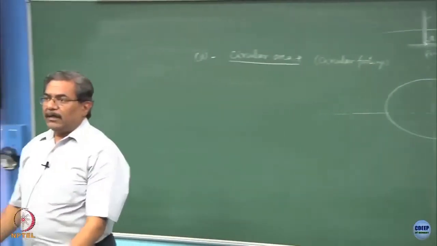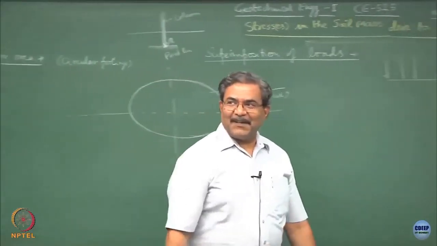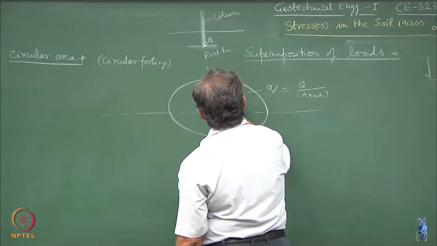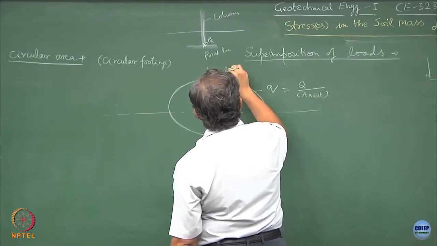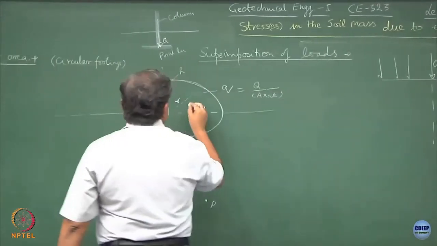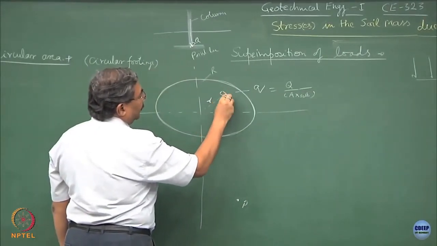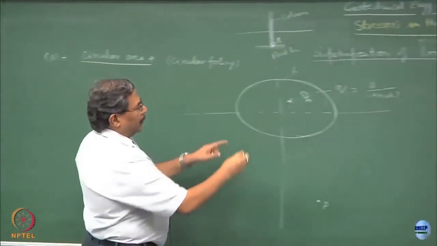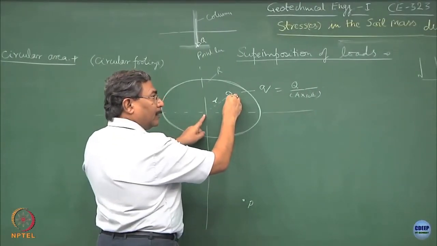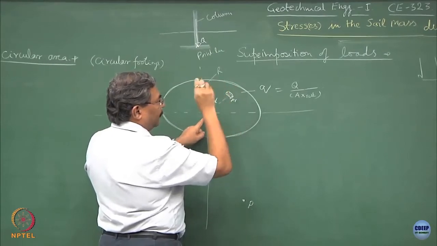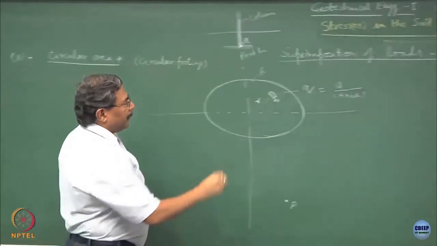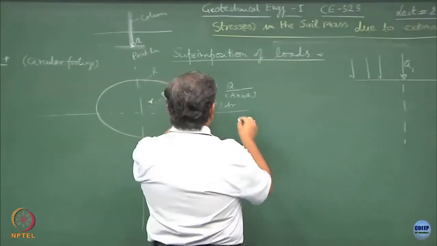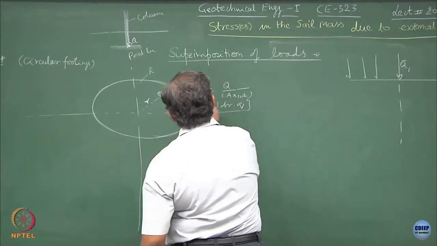You have done a lot of integration in your 10 plus 2. Suppose I consider an element at a radial distance of small r, where the radius of the entire area is R, and I consider a small element over here as dr. The area of cross section of this can be known, that will be 2 pi r into dr, and if I know the loading intensity q, it gets multiplied by small q, this is the load.